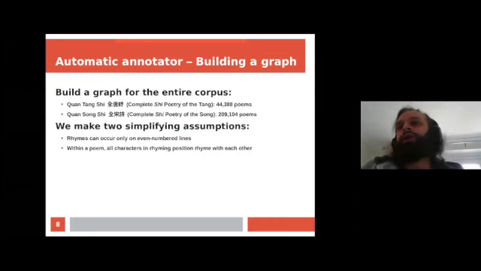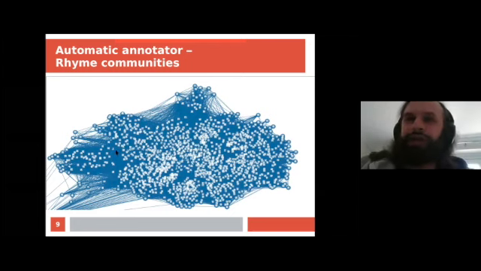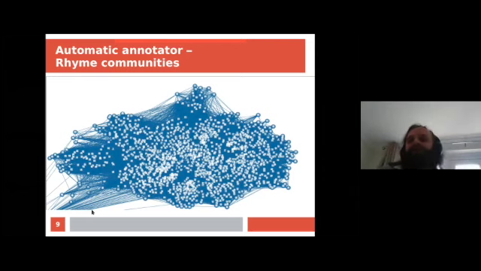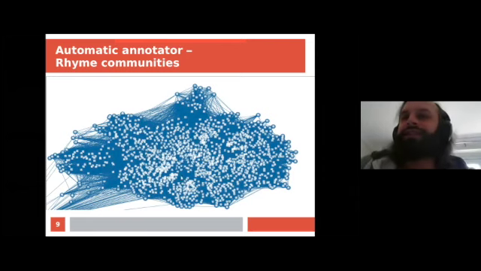So we do this process on the 250,000 poems, and we get this huge illegible graph. In fact, there's a bit more in the southwest of this graph, but I thought I would make it slightly more legible by zooming on this area. And well, what can we say from it?